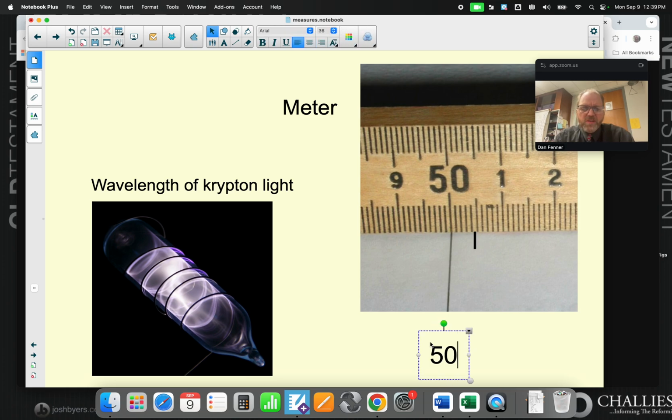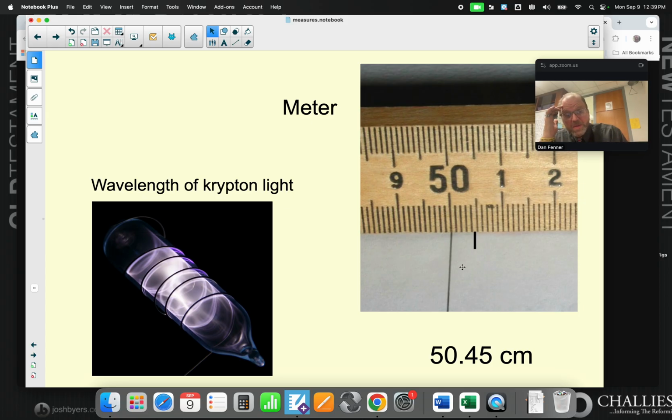So I tap out 50. Now I count the lines. I have 1, 2, 3, 4 lines. So it's 50.4. Now I can make an approximation. I'd say that right in the middle. So it's 50.45, and the units here would be centimeters. So that line right there would be 50.45 centimeters. Most meter sticks and rulers go to 2 decimal places when we're making measurements.